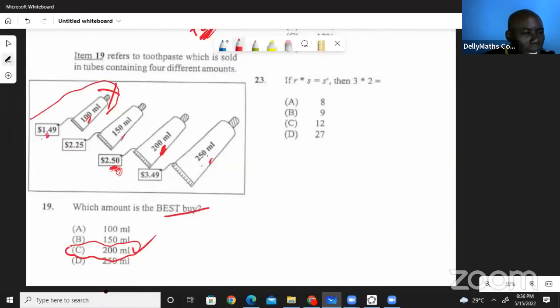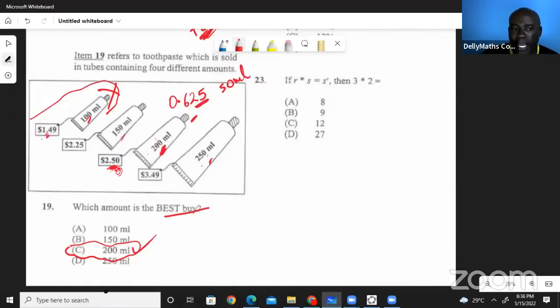Another thing you can look at is how the 200 and the $2.50 relate, because it's a nice number to work with. If you split it up into 50s, split this into 4 equal pieces, you realize it's actually 0.625 for 50 milliliters. That's what the 200 is saying.